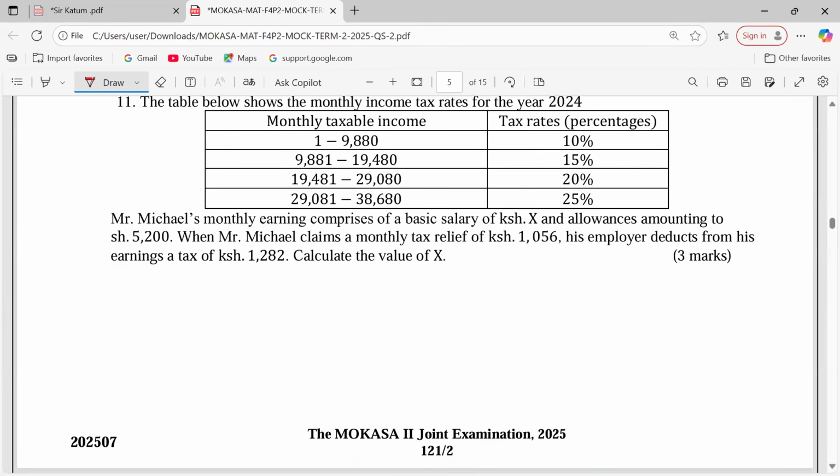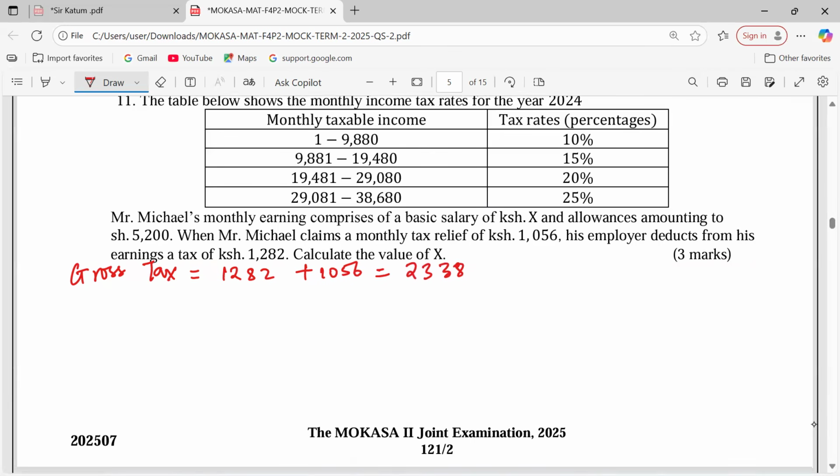In this case, we're supposed to tell ourselves that there is something called the gross tax, which Michael would have paid if it were not for the relief. Therefore, this is the net tax paid plus the relief claimed. So when we add the relief claimed, we get a gross tax of 2338.